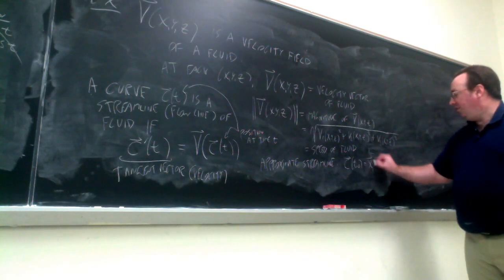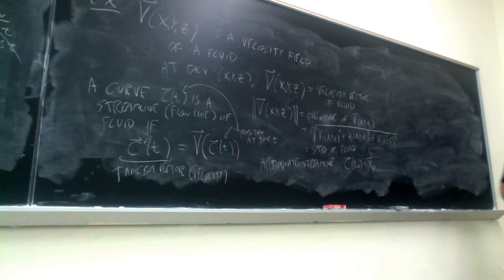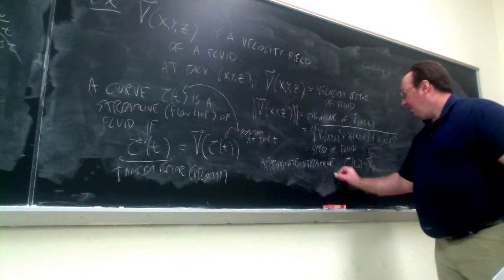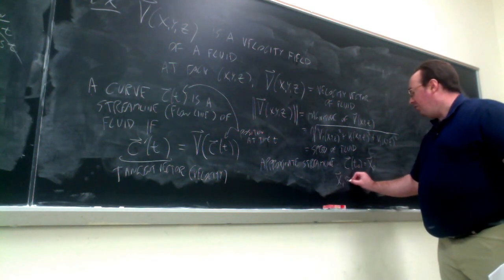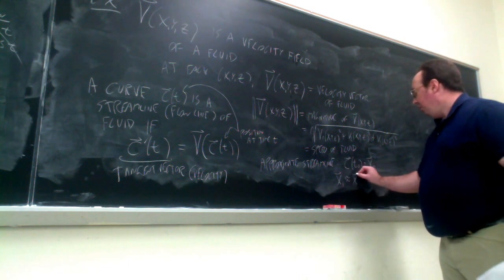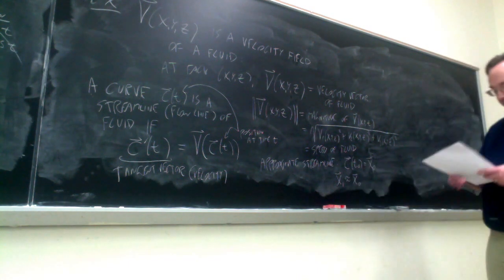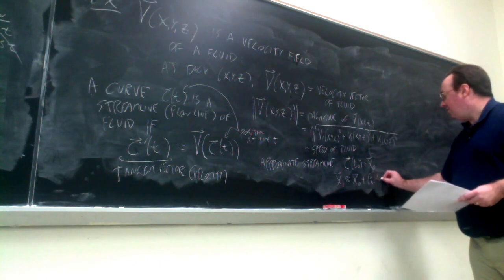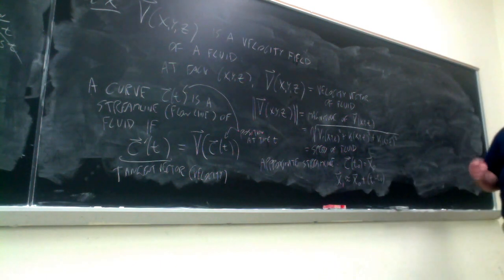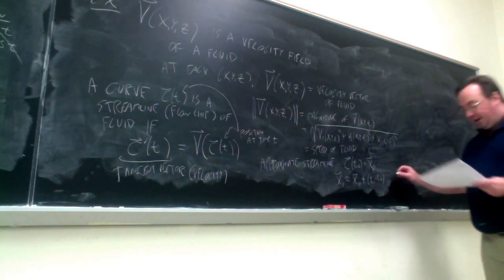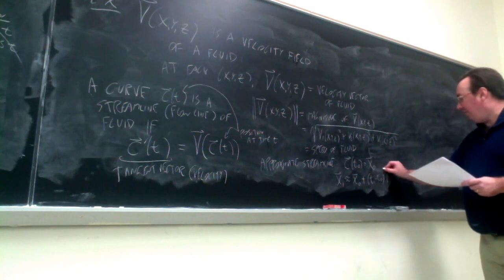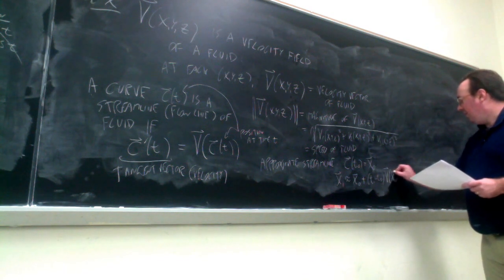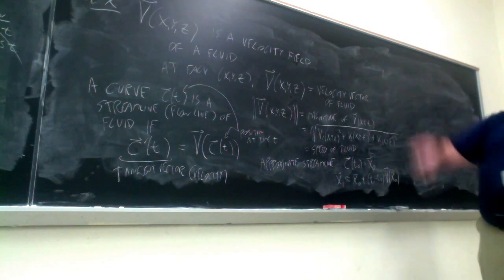So you're starting at this point, and the question is now, where does this particle of fluid move from here? So x1 would approximately equal your previous point plus the change in time times the velocity. And that would just be given by taking your initial point and plugging it into your velocity field.